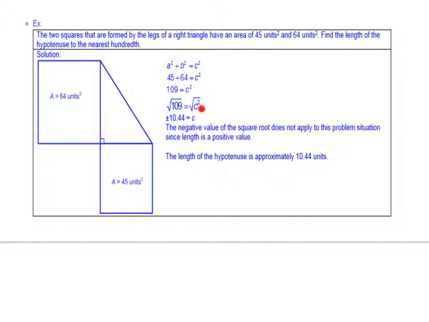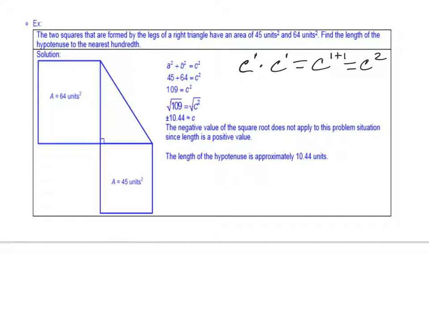To isolate c, we take the square root of not only c squared, but the square root of 109. Those of you wondering how am I going to get c out of this? Remember that if we have a variable and we take the variable times the variable, we're looking at c to the first times c to the first, which is c to the 1 plus 1, which is c squared.